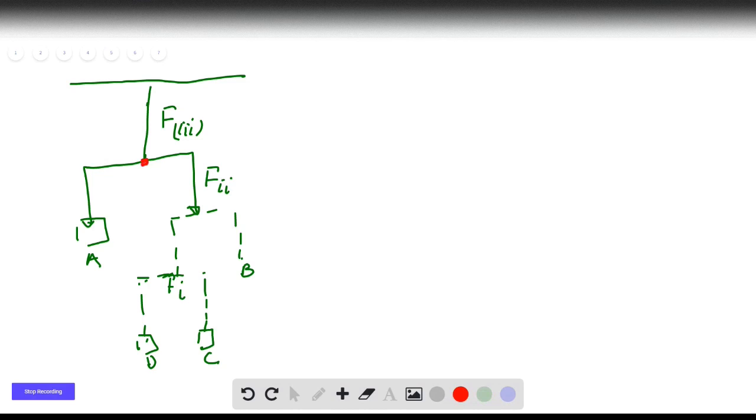This time we're going to take the sum of torques around this point right here. So the sum of torques around 2 is 0. A has a counterclockwise torque around this position of the first bar, so it's going to be positive torque.